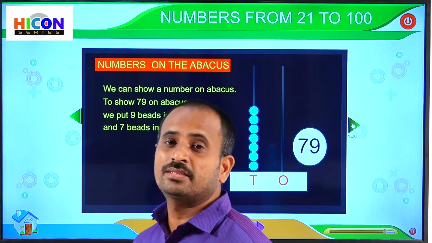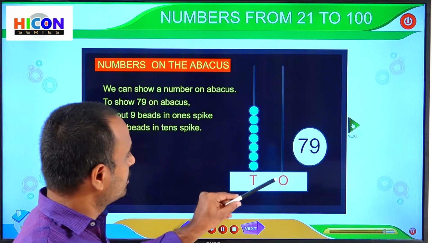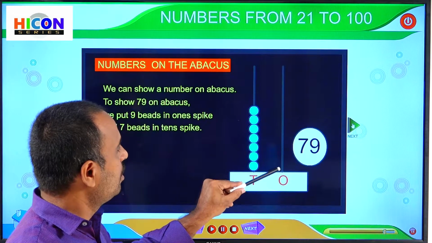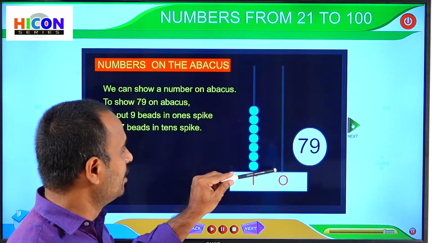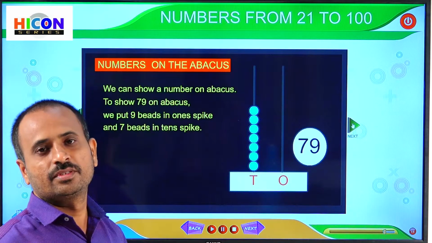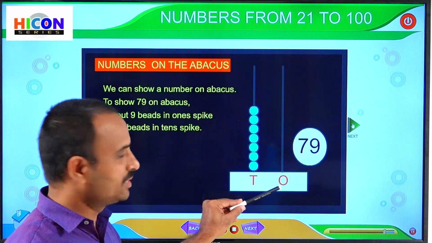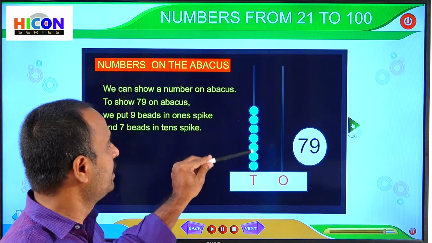In the abacus there will be spikes. The small thick rods are called spikes, and there will be one spike for each place. For the ones place there will be one spike, and for the tens place there will be another spike.